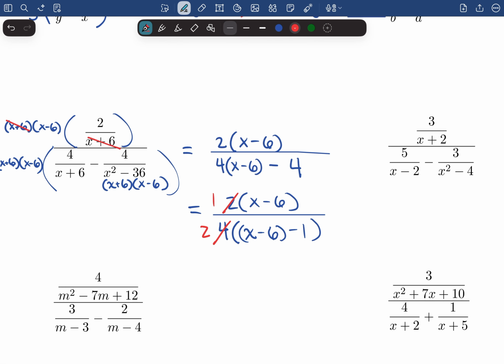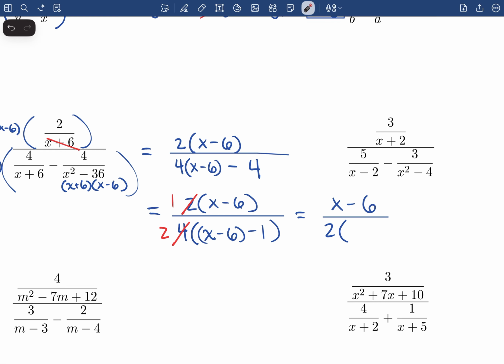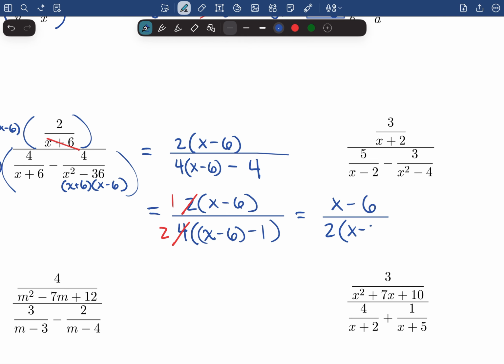And so my final answer is going to be x minus 6 on the top, and then the 2 times, well, this is x minus 6 minus 1, so I could combine these constants. Negative 6 minus 1 is negative 7, so I have an x minus 7. And this is my final result.